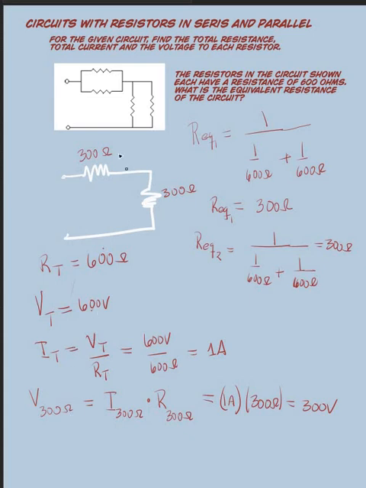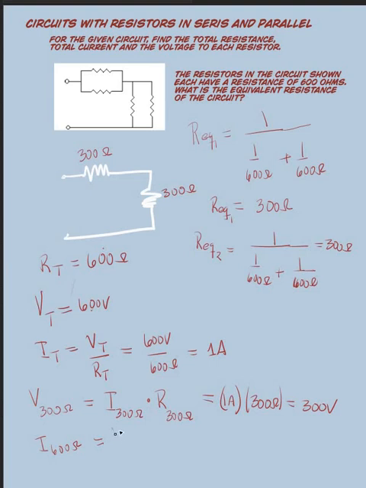Now that we have the voltage here, 300 volts, this one represents these two resistors here. These two resistors are in parallel, so that means that the voltage here is going to be 300 volts and 300 volts. So knowing that, we will calculate the current. Let's say the current for the first resistor is 600 ohms, let's say this one.